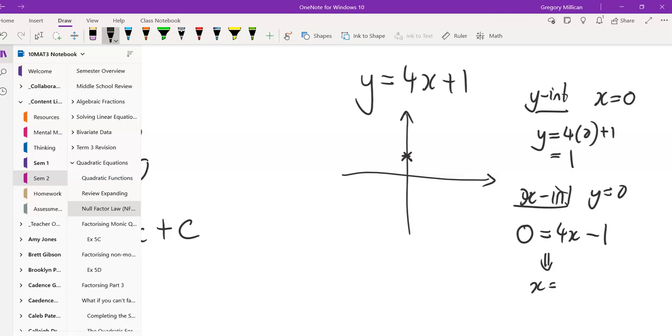Fraction or decimal, I don't care which. 0.25, we happy with 0.25? Move the 1 across, divide both sides by 4, we get 0.25. So round about there, there's my line. Cool? We're able to solve that equation and find my x-intercept.